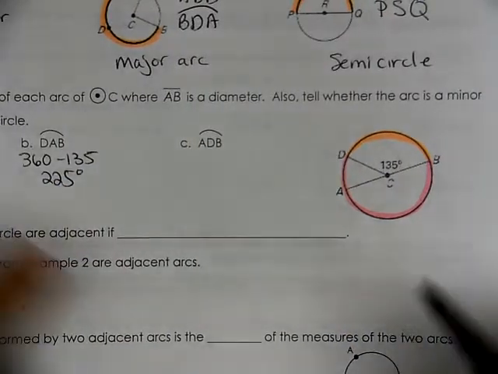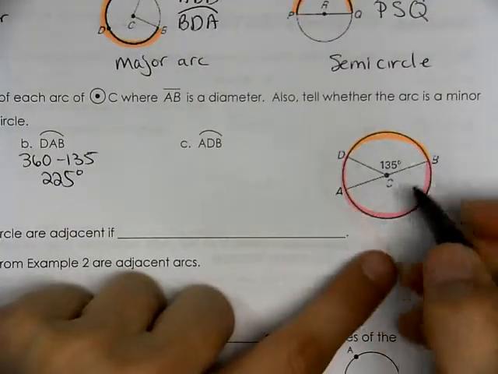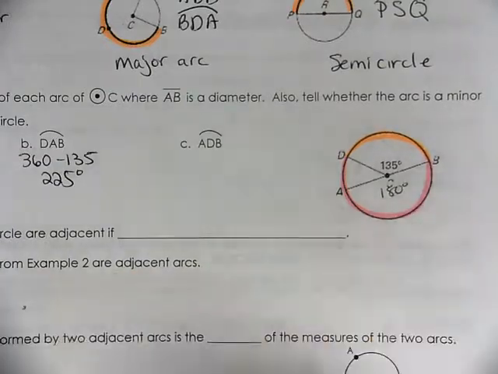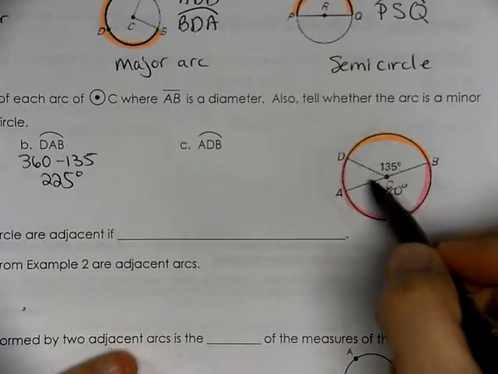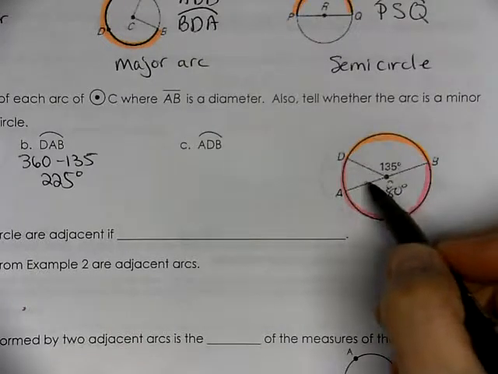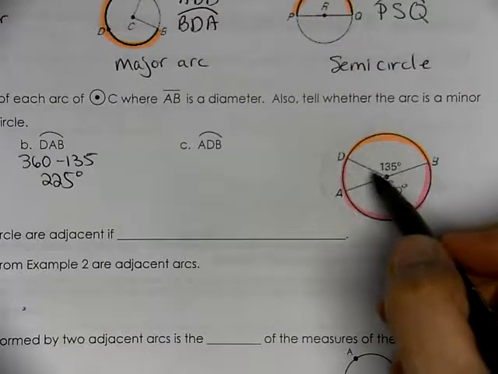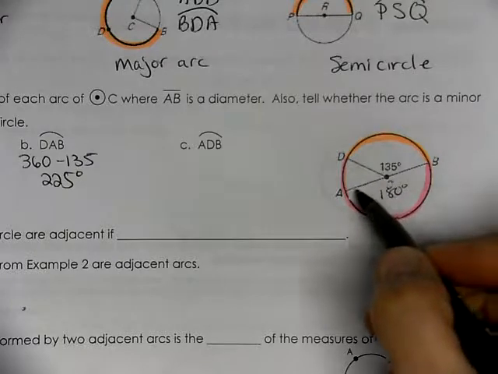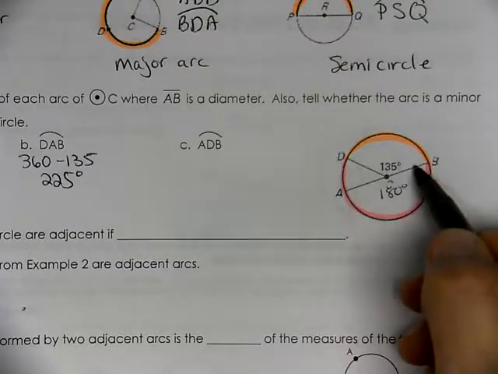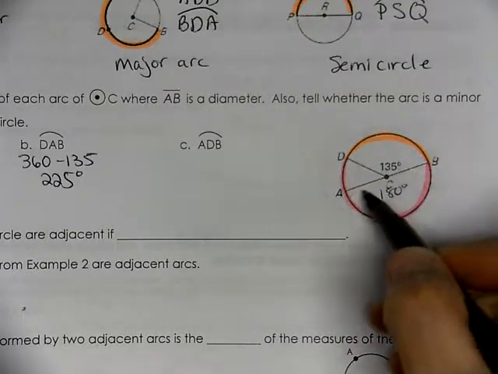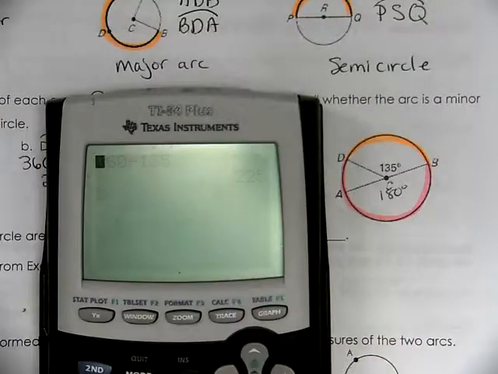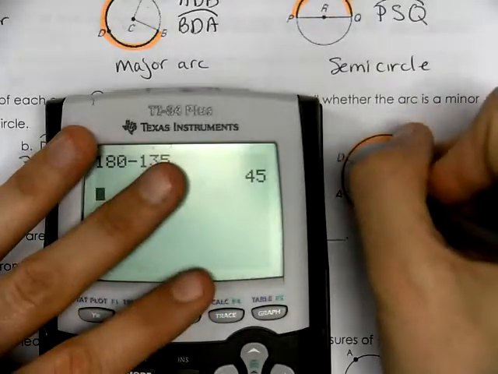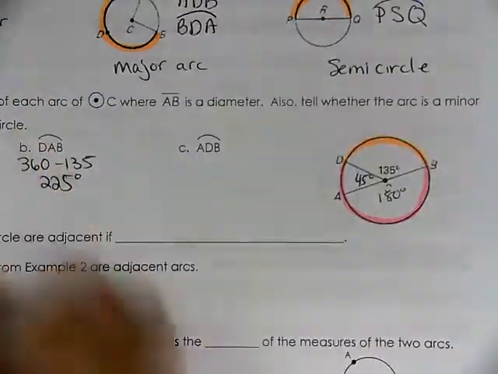Or we could think about this side here being 180 degrees. How big do you think this little angle is? If AB is a diameter and makes a straight line, how many degrees does it have to make total? 180. So you can take 180 minus 135 and get 45 degrees.